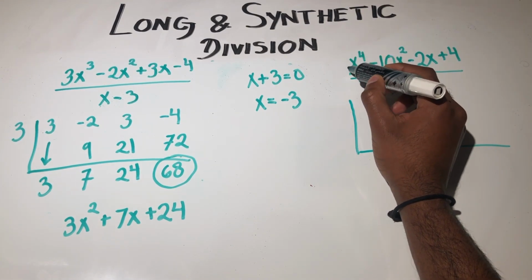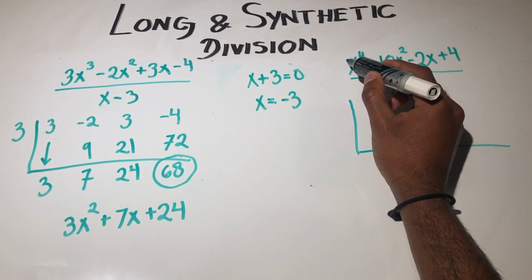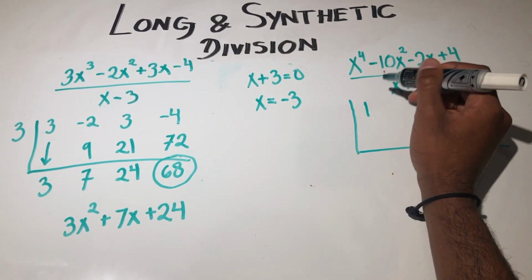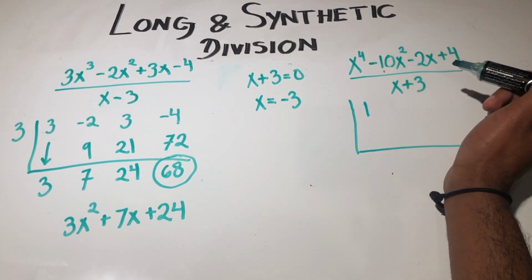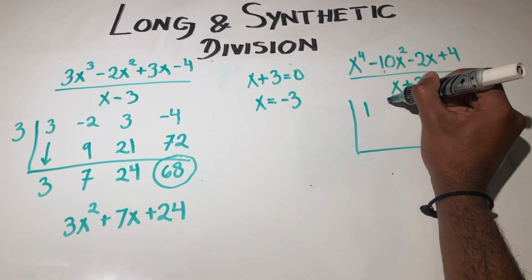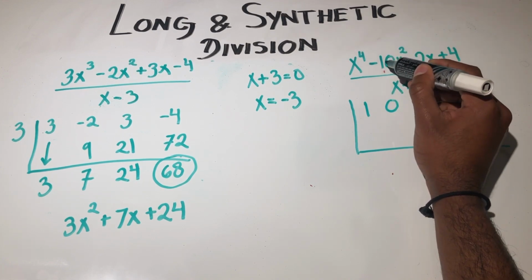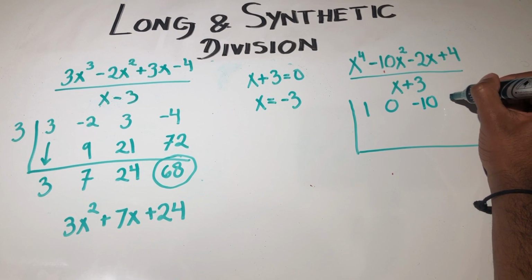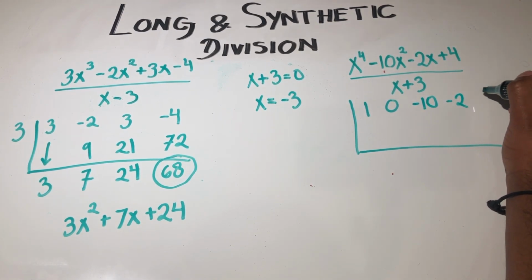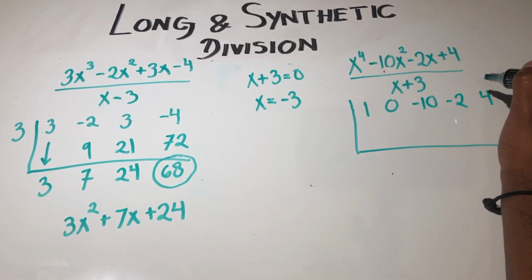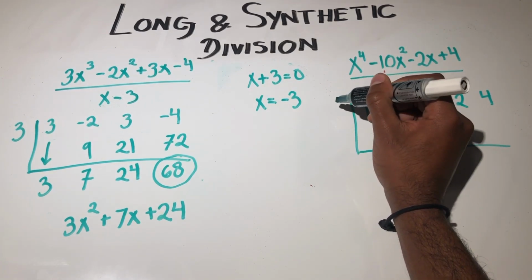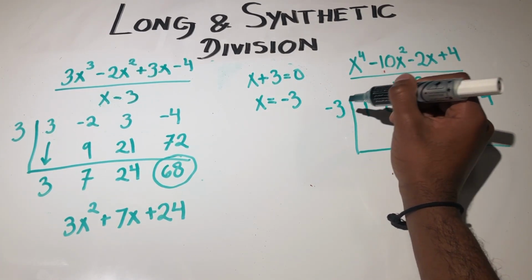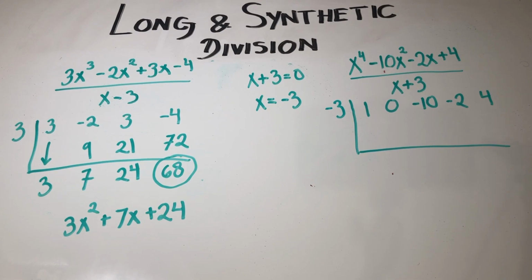We have x to the power of 4. The leading coefficient here is 1. Then we're missing an x cubed, so we're going to put a 0 here. We have a -10, -2, and then +4. And let's not forget, we have to put our divisor here, which is -3.